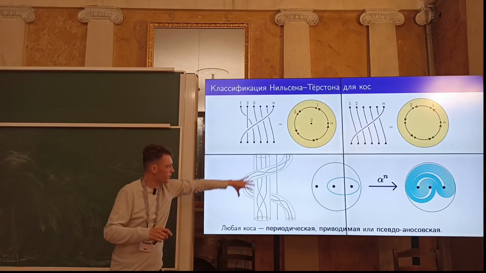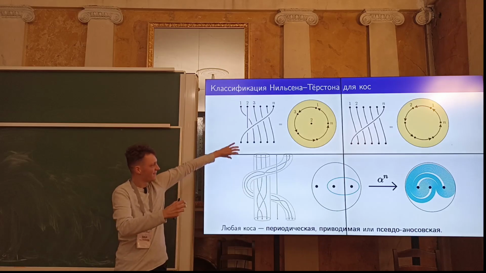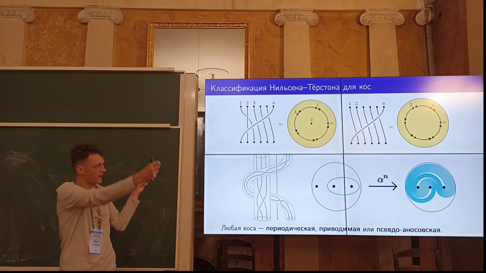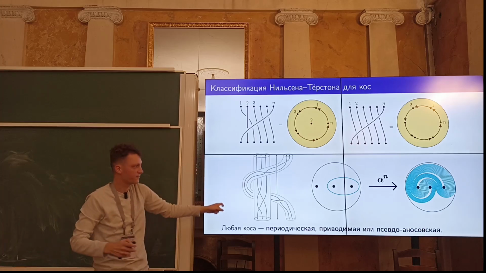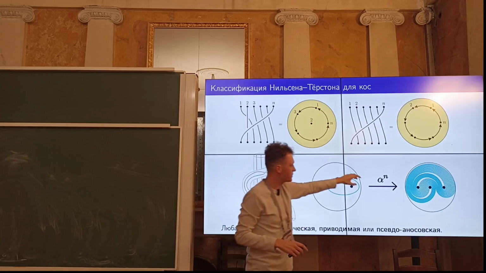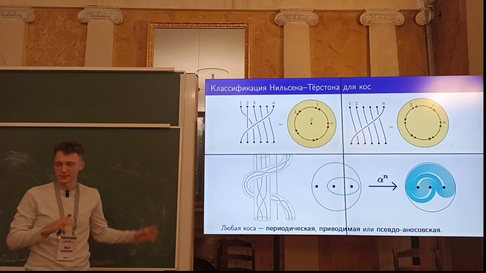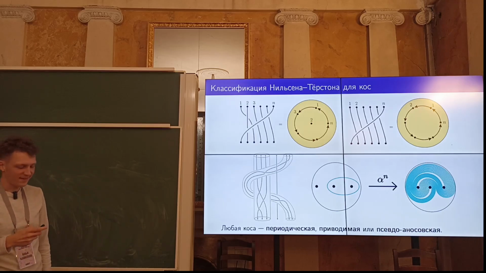This means that this braid is a braiding of an external braid and several internal braids inside it. Or a braid is pseudo-Anosov, which I will not explain here.